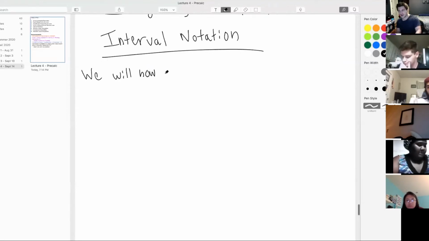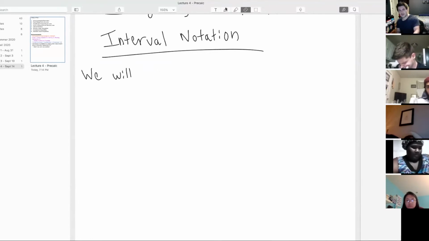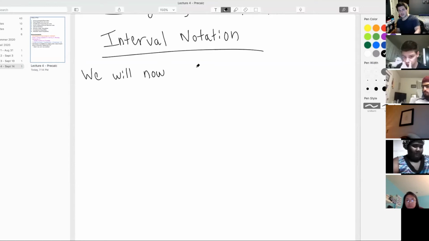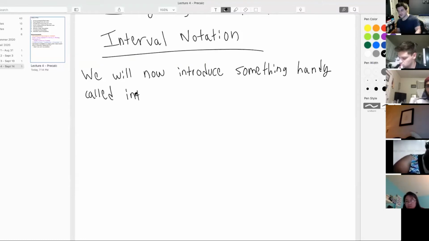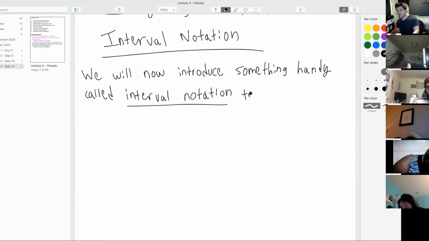We will now introduce something handy called interval notation, to denote certain sets of numbers.